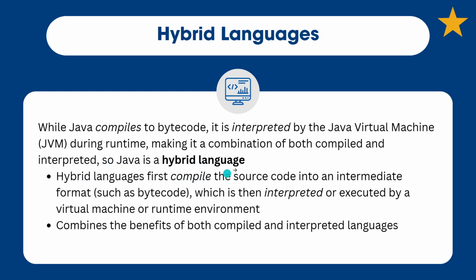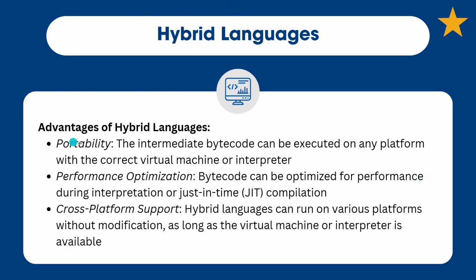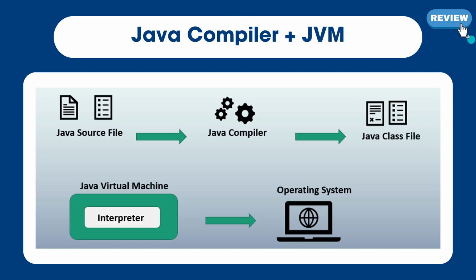Hybrid languages first compile the source code into an intermediate format, such as bytecode. That's what the compiler is doing, turning your code into bytecode. And then that's interpreted by the JVM. So it combines the benefits of both compiled and interpreted languages. You're going to get the portability, the performance optimization, and the cross-platform support. So a little bit of review.